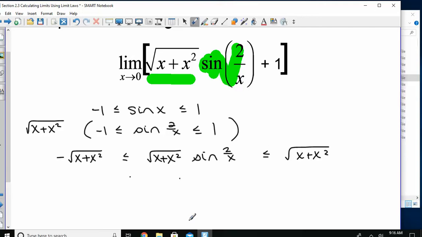now what? We're missing the +1. So we're going to add 1 to every piece.